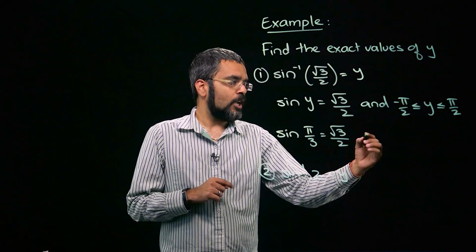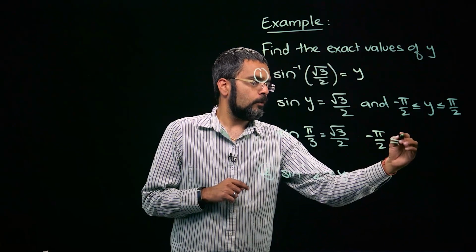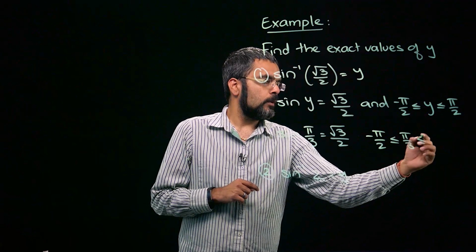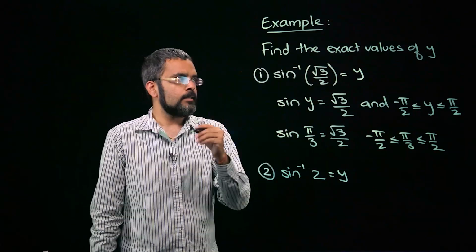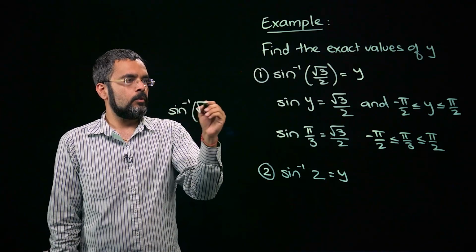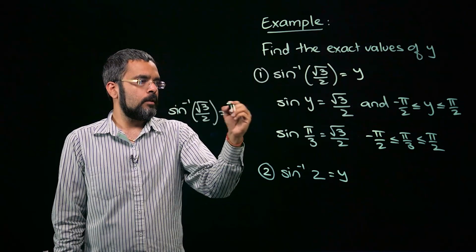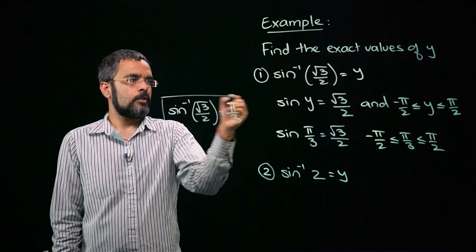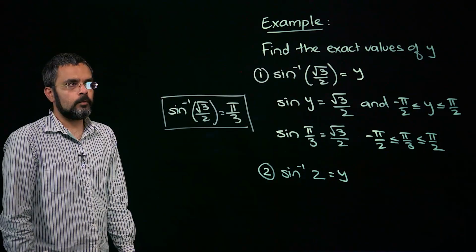We can check that: negative pi over 2 is less or equal to pi over 3 is less or equal to pi over 2. And thus, sine inverse of root 3 over 2 is equal to y, which is pi over 3.